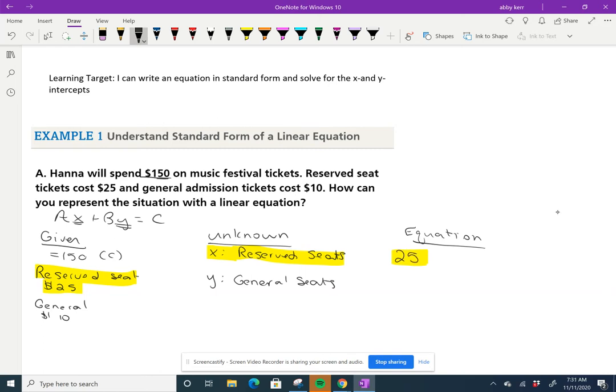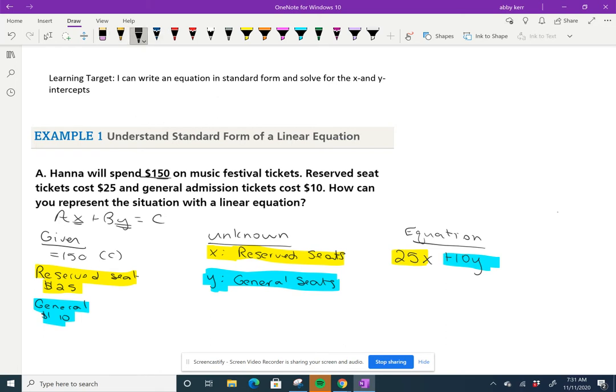So it's $25 per reserved seat. Then we decided that our y was going to be the general seats. So how much money was each general seat? It was $10. So we're going to add the two. And remember, x and y are two different variables, so it's just 25x plus 10y.